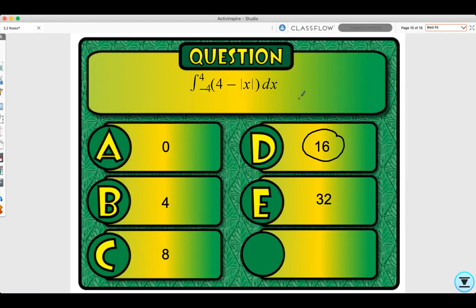If you were to graph this, it would look something like this, and that is a square, 4 by 4. So 4 times 4 is 16, and our integral would be 16. Notice both of these are positive, so that's why it's 16, and you don't have to subtract the negative to get it.